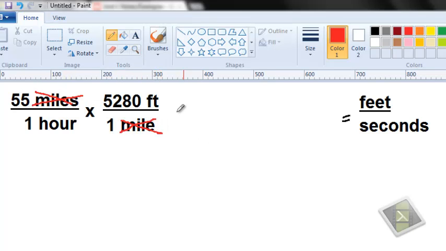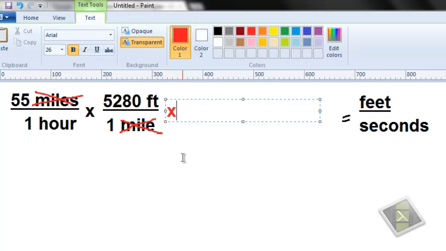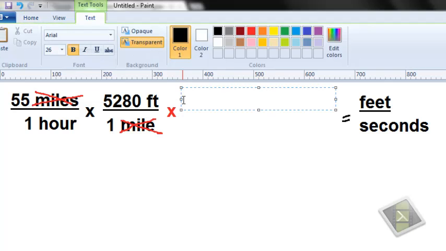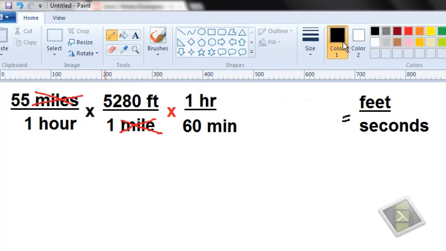Next step we've got to convert hours to seconds. Now we're going to do this in 2 parts because there's not a direct connection between hours and seconds. Maybe you could figure that out. If you could, that's great, but we're not going to do that here. So our first conversion, we're going to convert how many minutes are in 1 hour. I need to cancel my hours here, so hour on top there, gone. Hour on the bottom, gone.